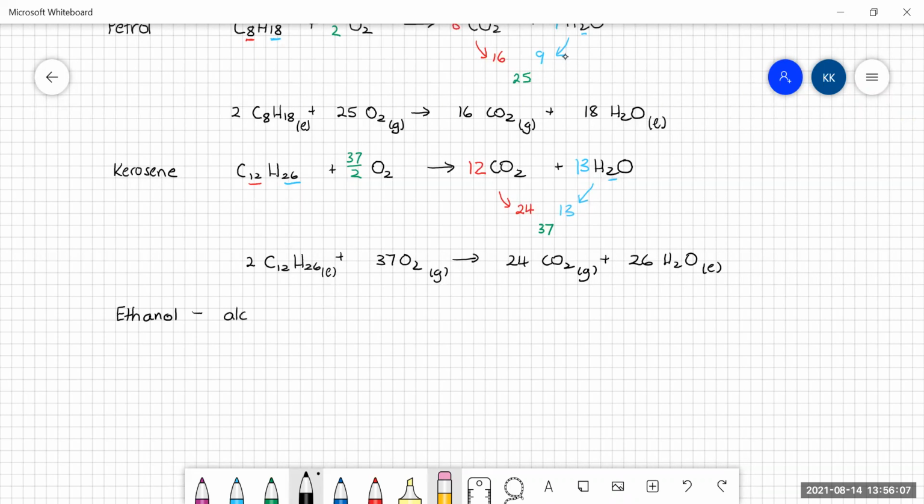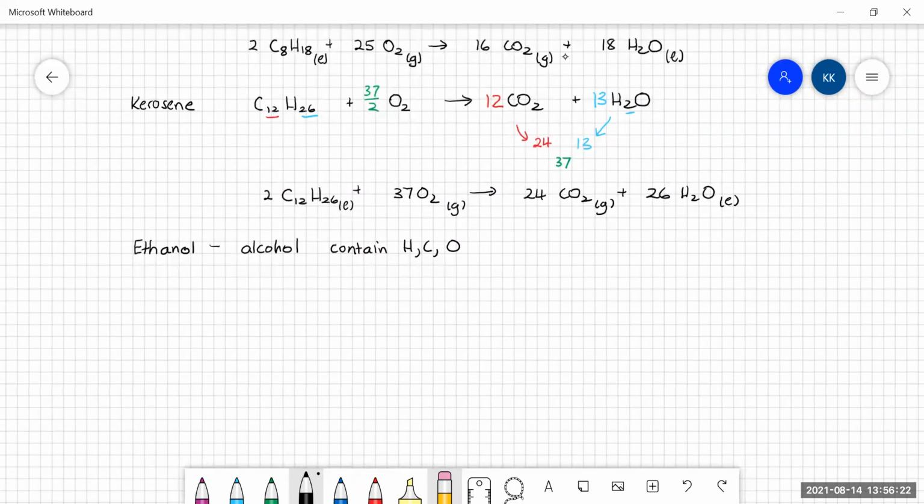Ethanol is an alcohol. In fact, ethanol is the alcohol in alcoholic drinks. And they contain hydrogen, carbon, and oxygen. So if we look at the formula for ethanol, then it can be written in many ways, but let's just go simple as possible, C2H6O.